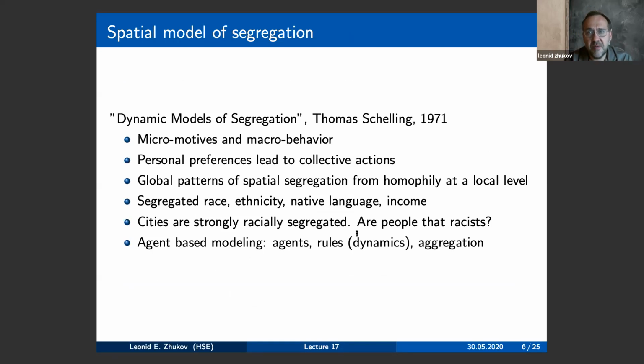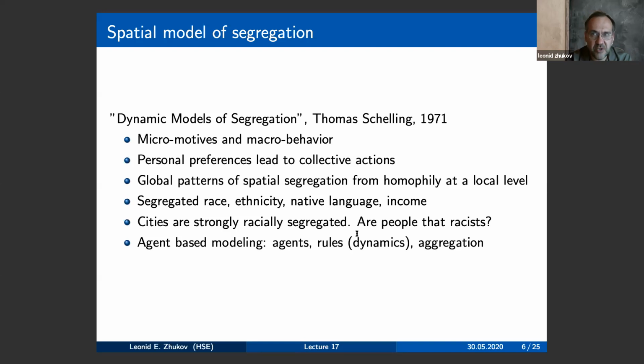But he was thinking more from an economics point of view, and his famous book and quote is this: micro motives dictate macro behavior, which really means that the local action of every person, though they're independent and local, as a collective action can change the behavior.